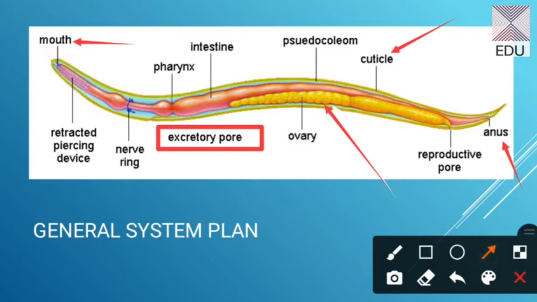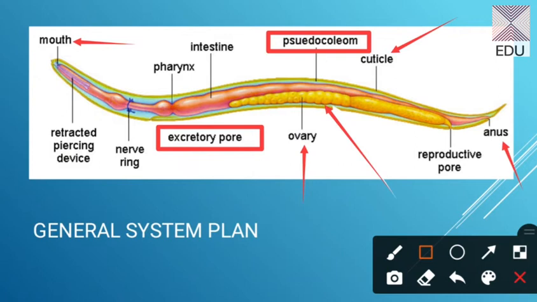This is the ovary, the yellow part, and it has a pseudocoelom. That means it has a cavity inside its body, but it is not a true coelom.